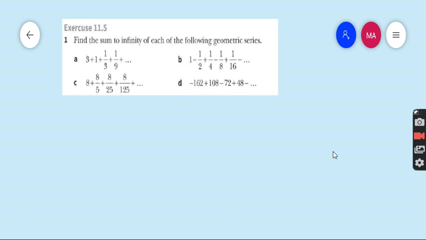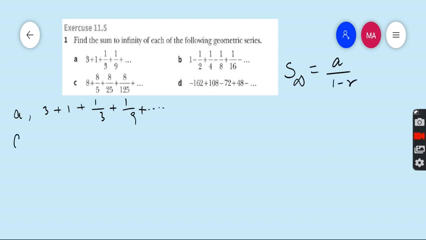Find the sum to infinity of each of the following geometric series. Part A is 3 plus 1 plus 1/3 plus 1/9 and continues forever. What is the formula of the sum to infinity of a geometric series? Sum to infinity is a upon 1 minus r.